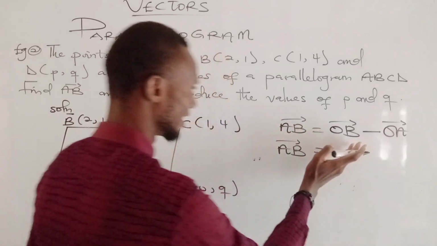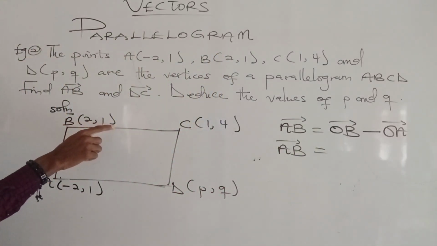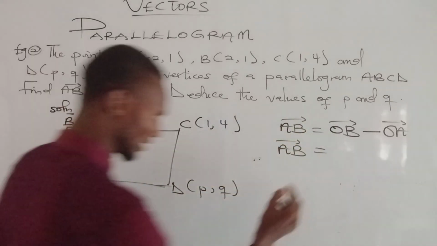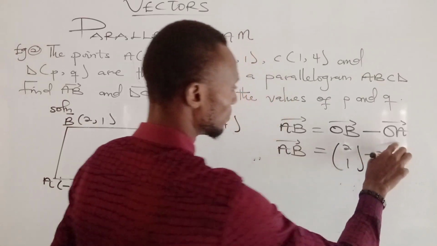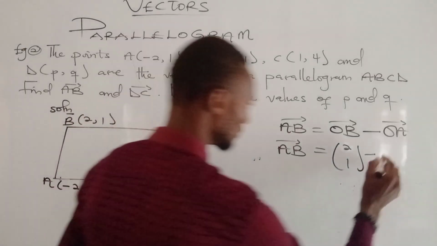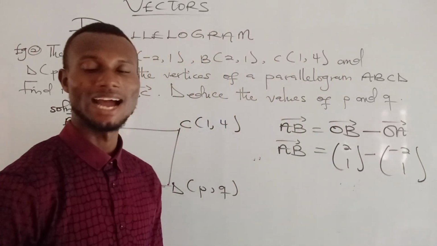Bring your equal sign. Your OB is given to be 2, 1, so in place of the OB, I'll put the 2, 1 there. Then my OA is given to be minus 2, 1, so in place of the OA, I'll put the minus 2, 1 there. I hope you understand up to this point.